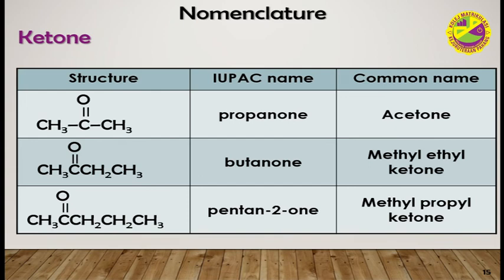The following table shows the structure of common ketones, their common names and their IUPAC names. The first structure is propanone, or its common name is acetone. The second structure is butanone, or the common name is methyl ethyl ketone. The third one is pentan-2-one, or the common name is methyl propyl ketone.